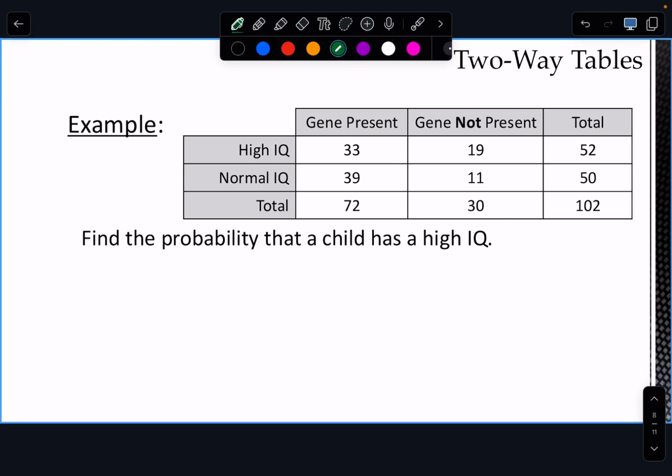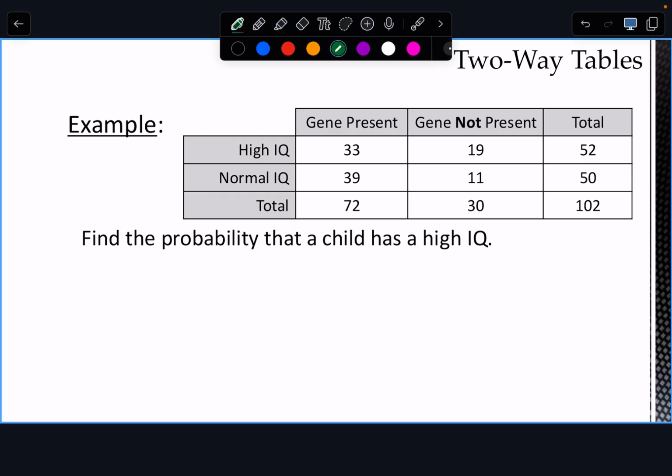As far as two-way tables, this is actually kind of review. We did a lot of this stuff in Unit 1. Now we're just applying it specifically to probability. So we talked about calculating different percentages with these two-way tables, and that's basically what we're doing now. We're just calculating probabilities associated with selecting people at random or whatever the case may be.